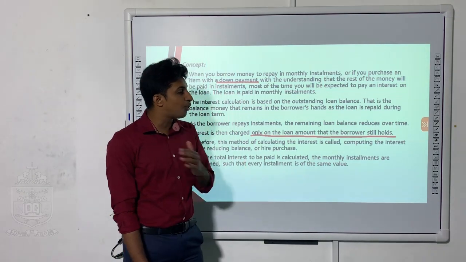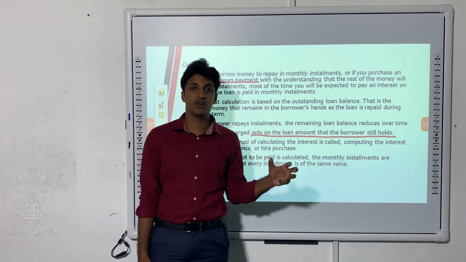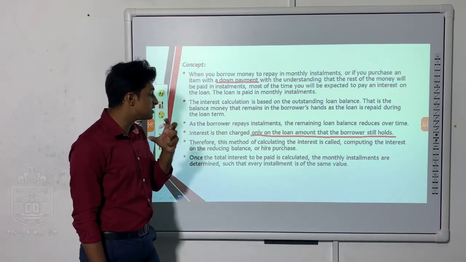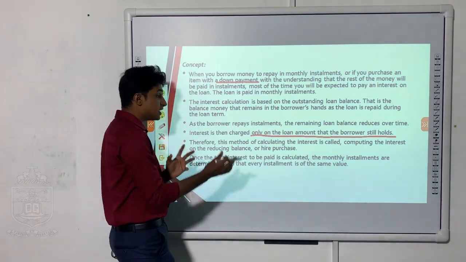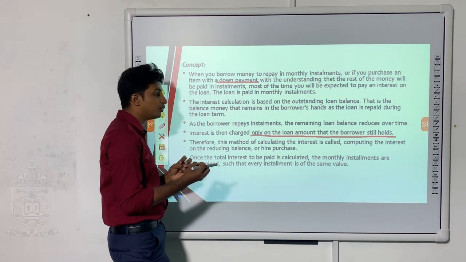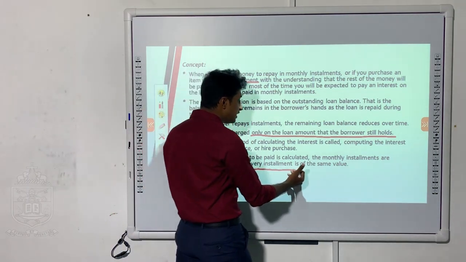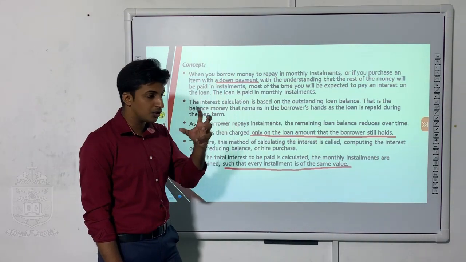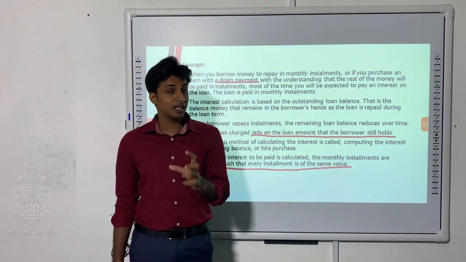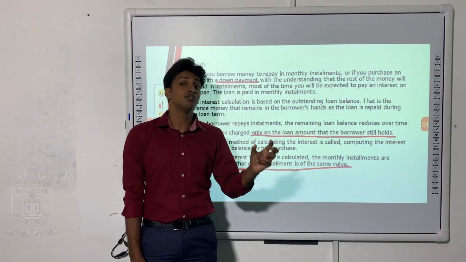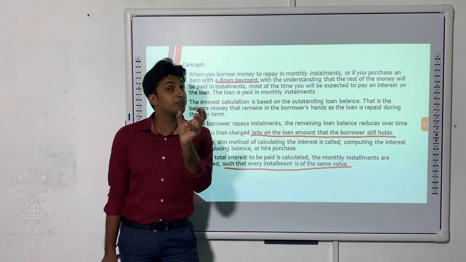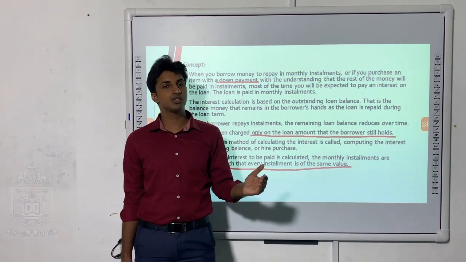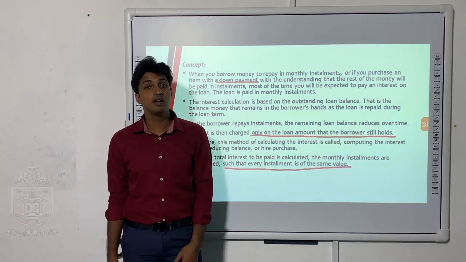After you calculate all the monthly installments and the interest you have to pay, you will see that if you have 12 installments, for all 12 installments you will have to pay the same value.